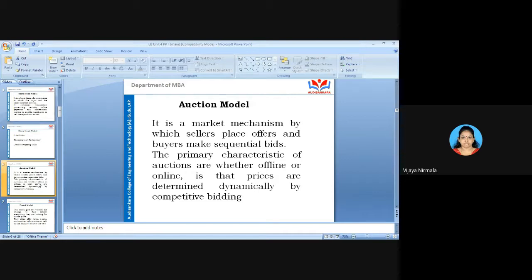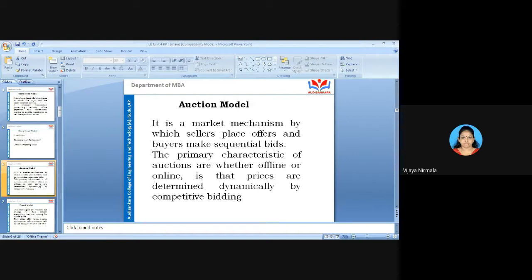The primary characteristic of an auction, whether offline or online, is that the prices are determined dynamically by competitive bids.